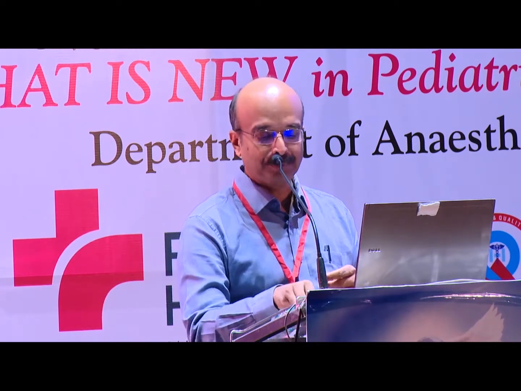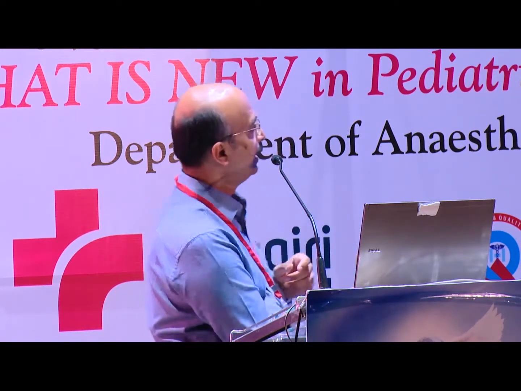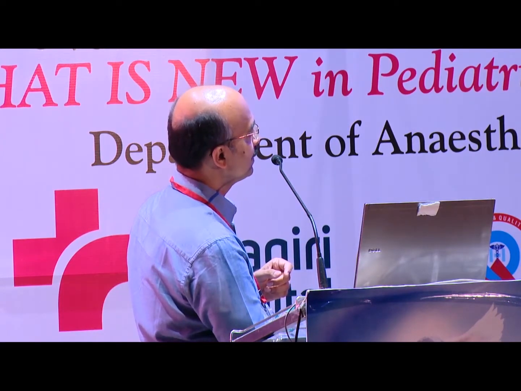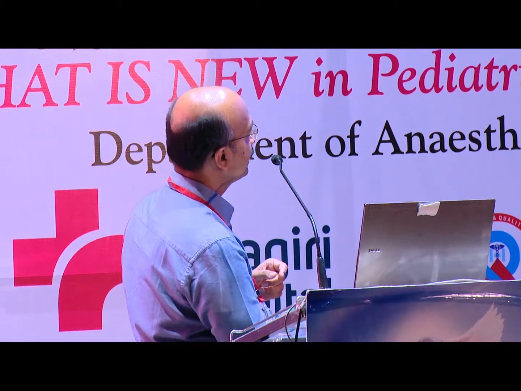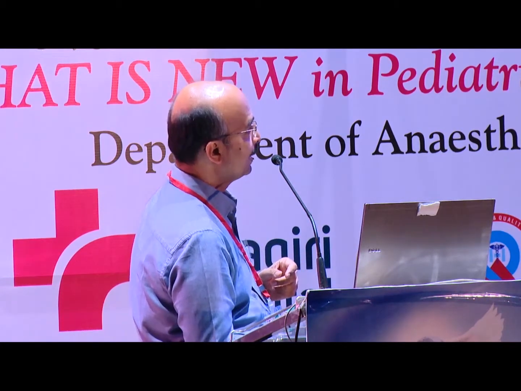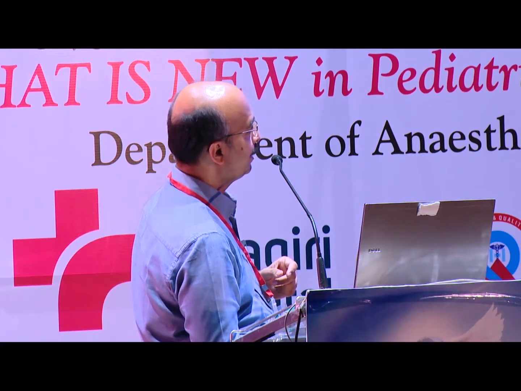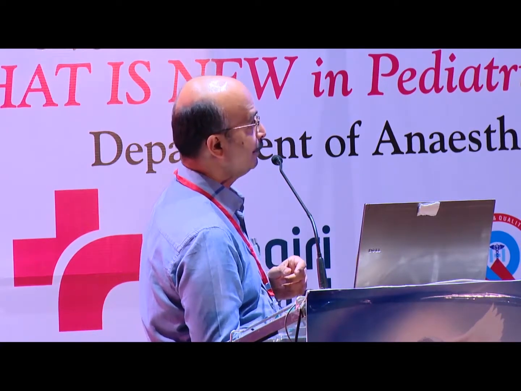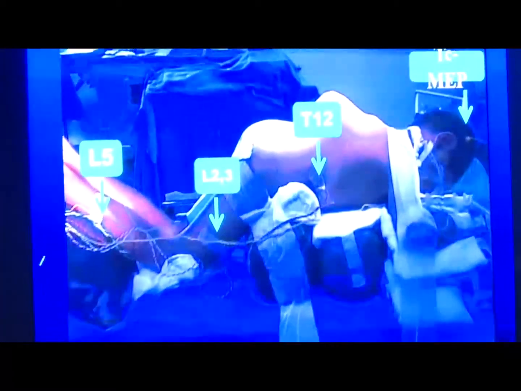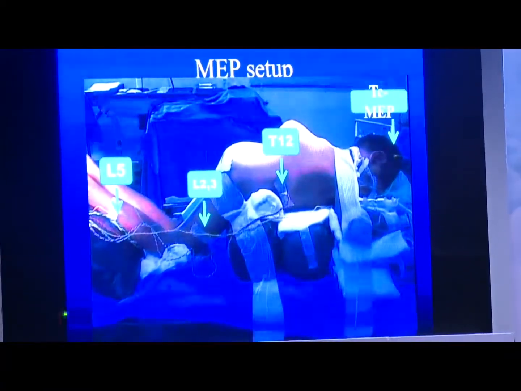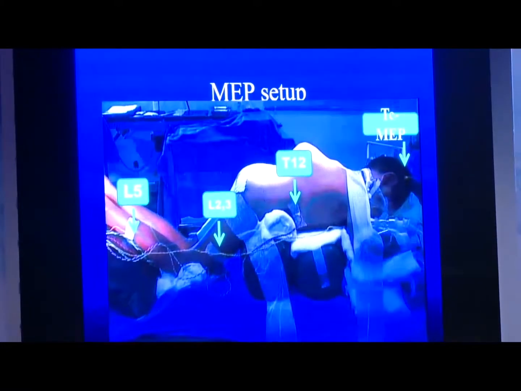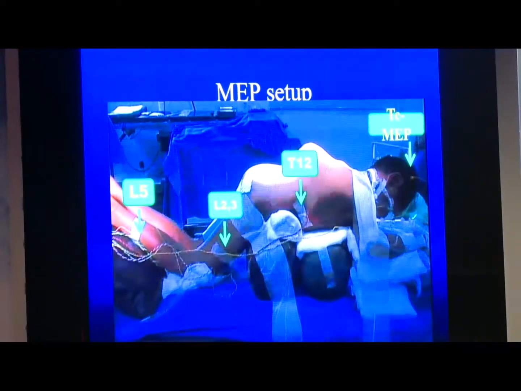So this is how we put transcranially. If you see, the electrodes are inserted here. This is for D12 level, this is for L23 level, and this is for L5 level. And I just wanted to show that it's very important when you use an MEP, especially when you don't use a muscle relaxant, it is truly important to secure the patient very well like this, because of the jerk that is produced, and also the way you fix the tube and the eyes.